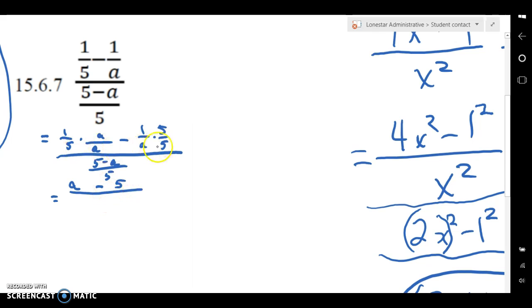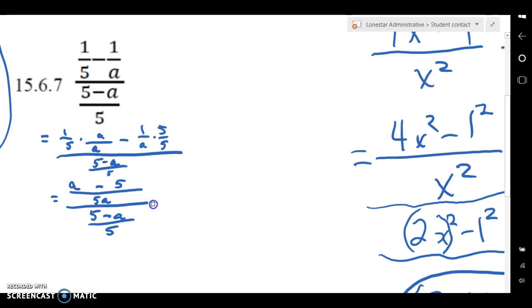When you have the same denominator, you keep the denominator and you combine the numerators. Let me put this a little bit smaller. Okay, so we have a minus 5 over 5a, and then 5 minus a over 5.